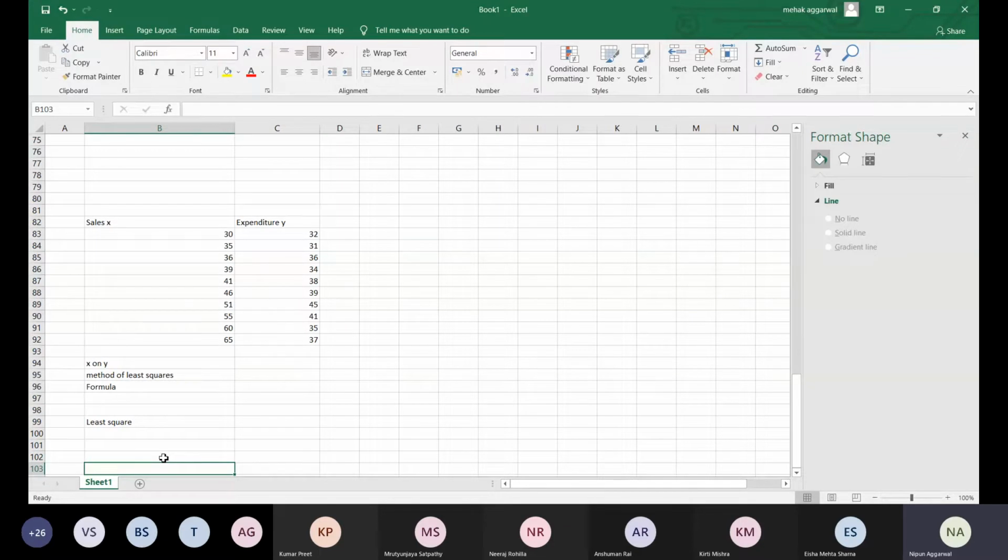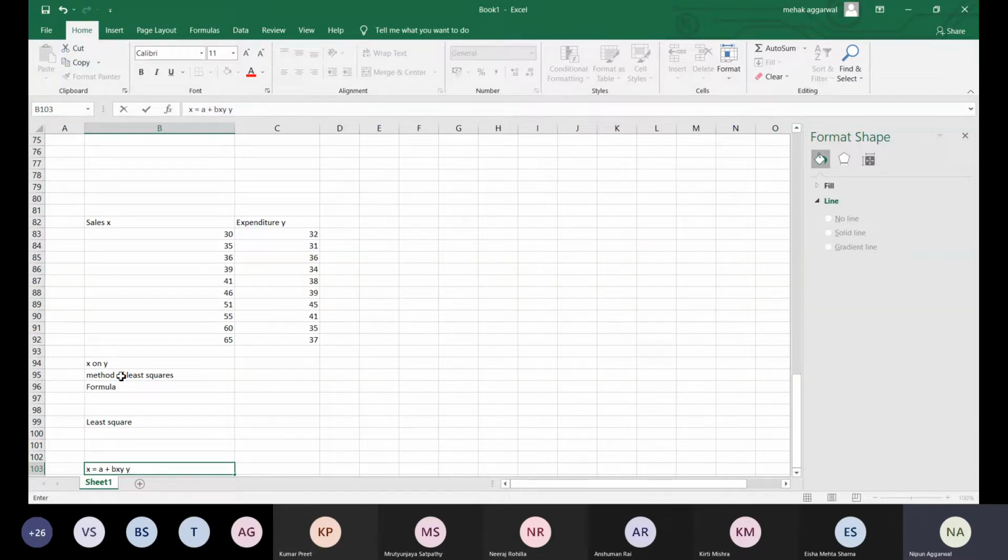In the same way, the line is x is equal to a plus bxy y. Clear?